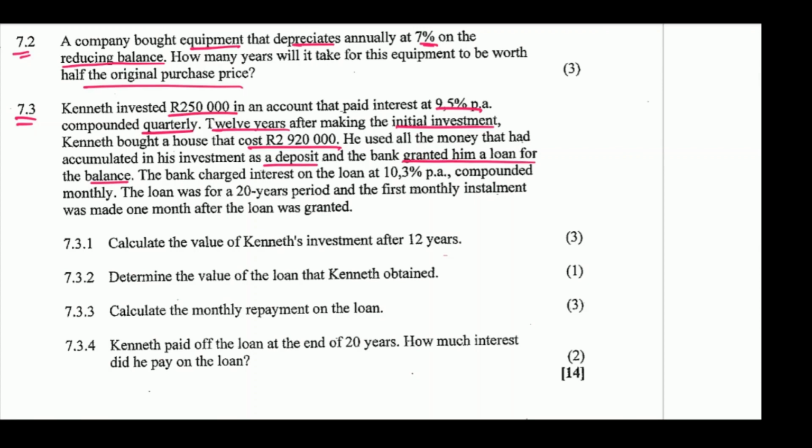The bank charged interest on the loan of 10.3% per annum compounded monthly. So the loan was for a period of 20 years, and first monthly installments were made 1 month after granting of the loan. So 7.3.1, we are asked to find the value of Kenneth's investment after 12 years.